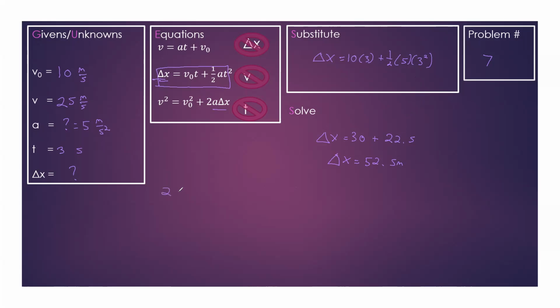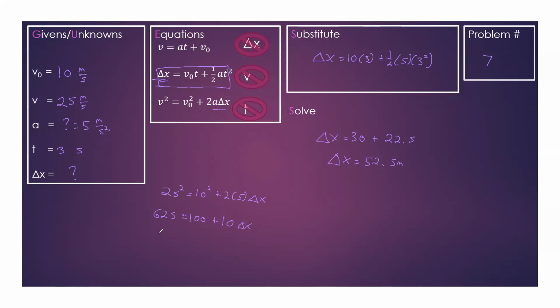Now, I said I could have used equation 3, and I could. I could do 25 squared equals 10 squared plus 2 times 5 times delta x, because 25 squared would give me 625. 10 squared would give me 100. 2 times 5 gives me 10 delta x.